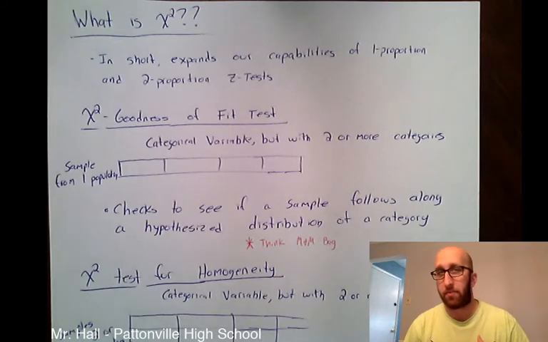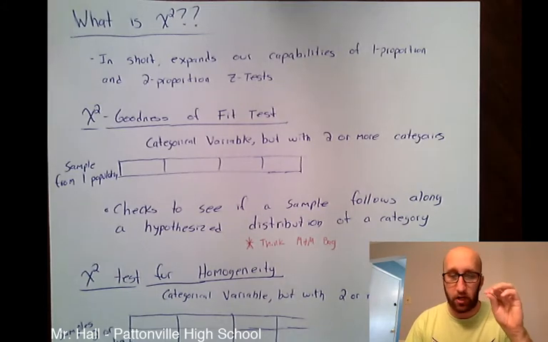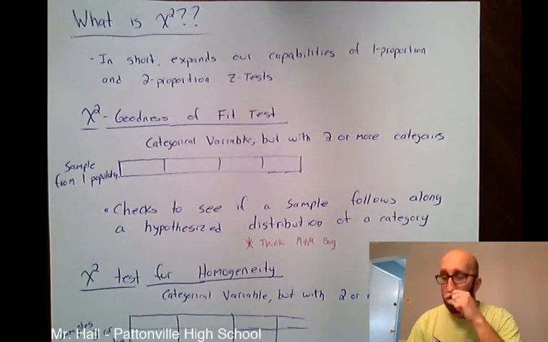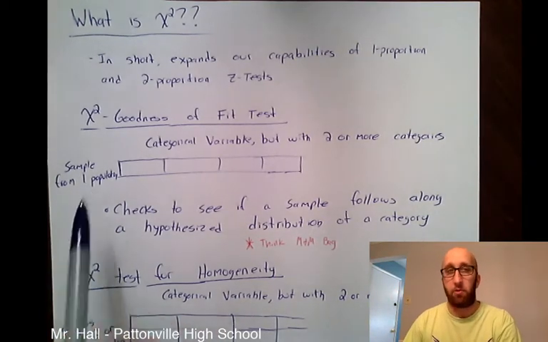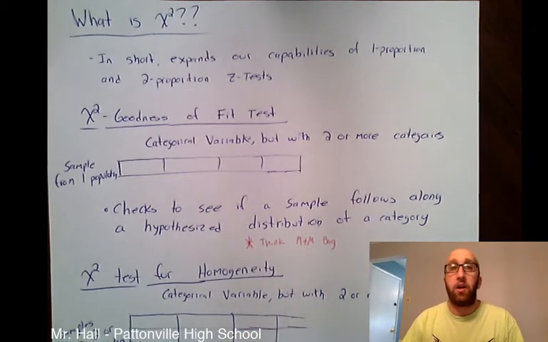So going back to that M&M example, M&M may claim you're going to have this percentage of red M&Ms in a bag, this percentage of blue, green, and brown. Well, I go out and take a sample, which is getting a bag of M&Ms, and I count up and see: does the distribution of my bag of M&Ms follow what they claim you should get in every single bag? That's what a goodness of fit test does.